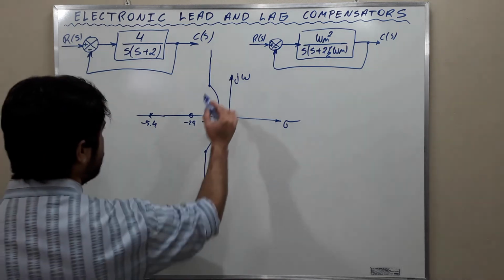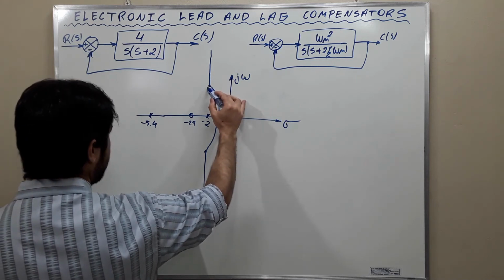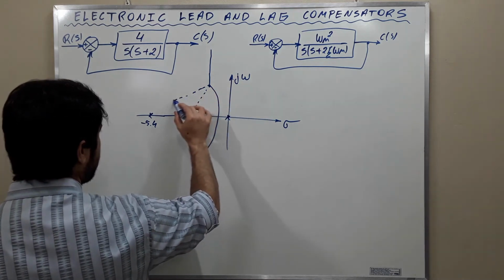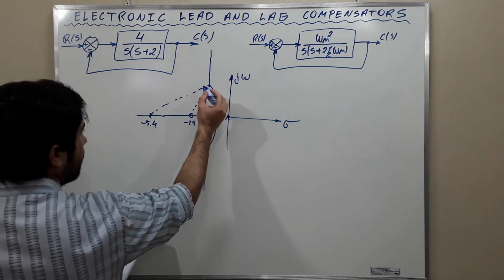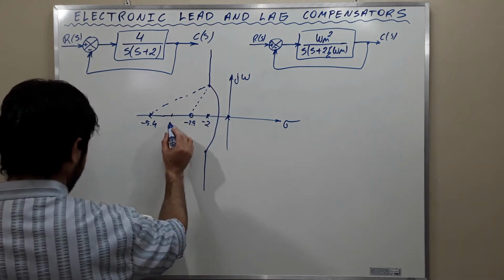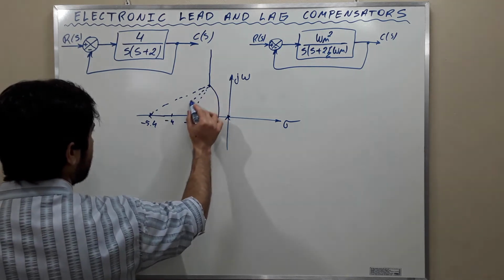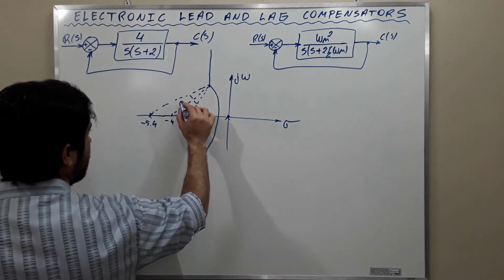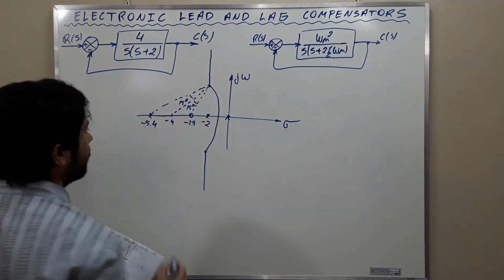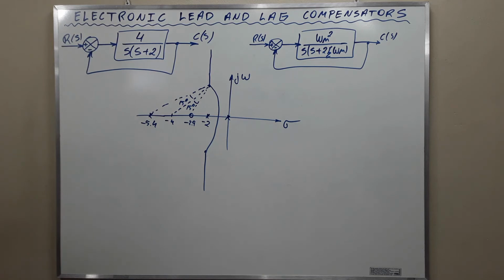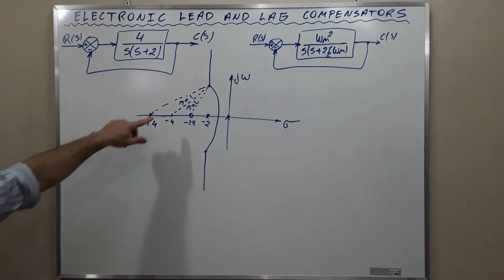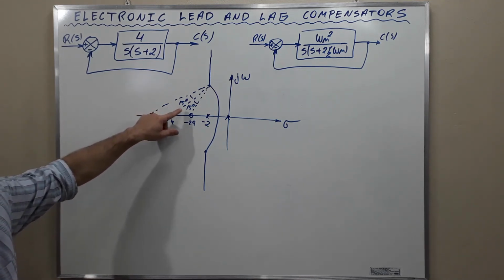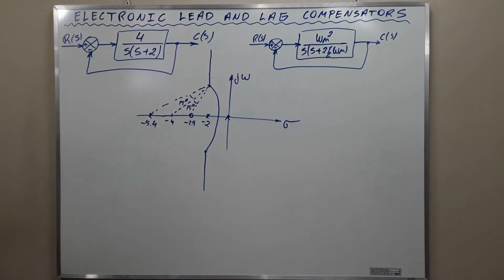And here we have angles. Here -4, and -15 degrees. Remember that we said that the compensator would need to contribute 30 degrees. Here we have phi over 2, which is 15 degrees, and phi over 2, which is also 15 degrees.